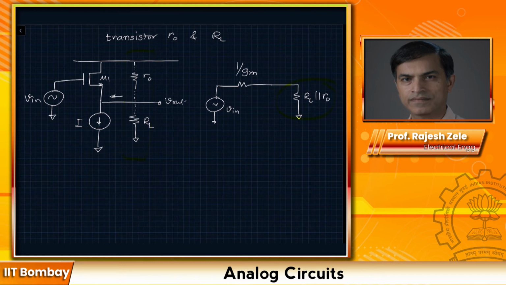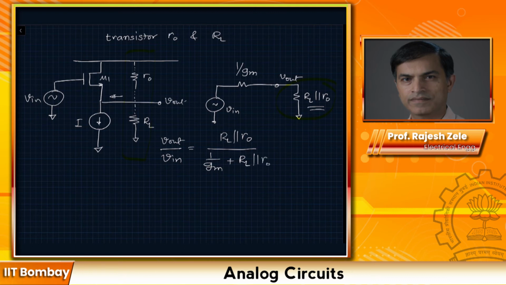Now we can calculate the new gain. V out over V in looks like a resistive divider: V out is across this, and then we have 1 over GM in series. So it's RL parallel with R out, divided by 1 over GM plus RL parallel R out.